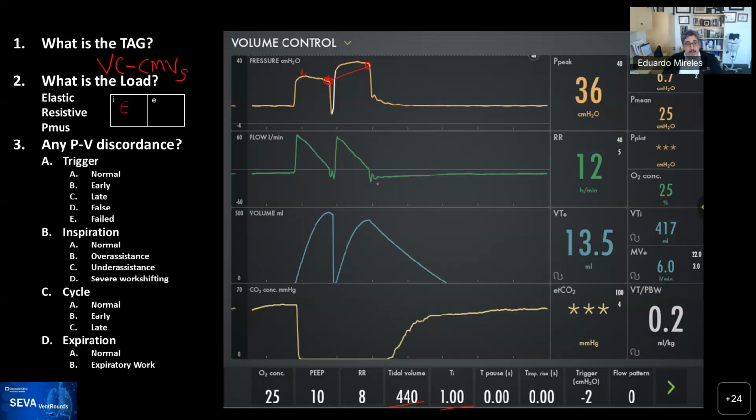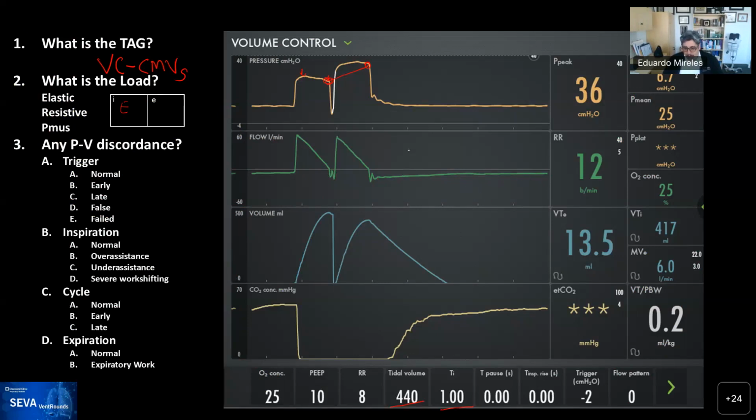And during expiration, if you notice this patient, there's a couple of other things that are seen on this ventilator specifically that is causing this double trigger. But look at the flow. During expiration, we always look at the flow to assess resistance and elastance. And I don't see any evidence of PMOS, meaning that the patient is doing effort.